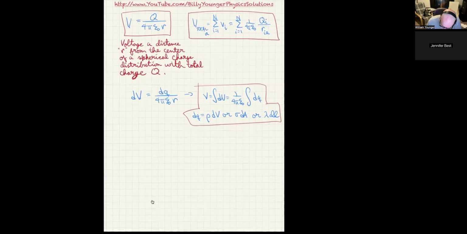In fact, every half centimeter has half as much charge, and every eighth of a centimeter has an eighth as much charge. That means that lambda, since this is a one-dimensional object, is a constant. So we're going to say dq is equal to lambda times dl, but dl is the arc length, so we have to call that R d theta. So that's what our dq is.